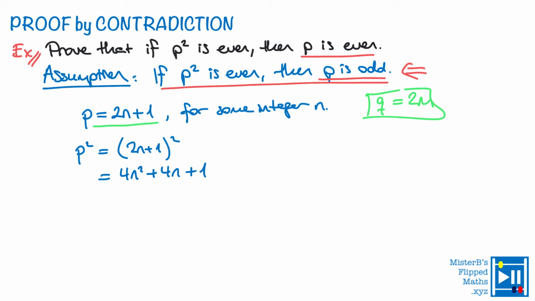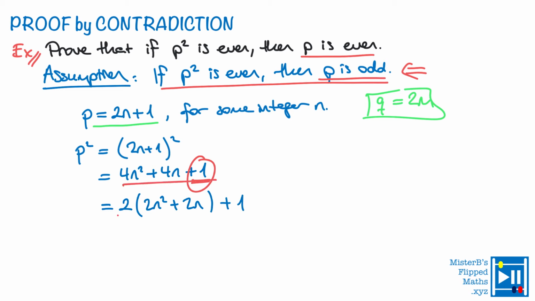Now, just because we see 1 here at the end, we cannot just jump into the conclusion that p squared is also odd, which is true, by the way. P squared is odd because of this. However, it is nicer to show that this is also equal to 2 times (2n squared plus 2n) plus 1. Notice that I'm not factorizing this expression.